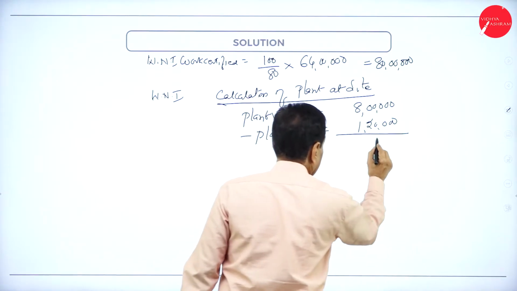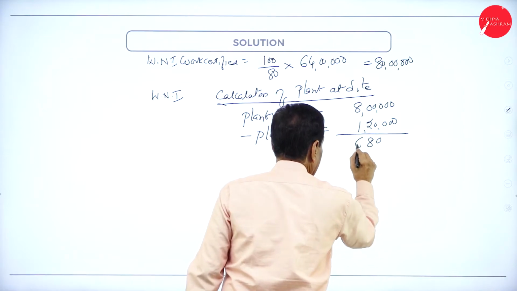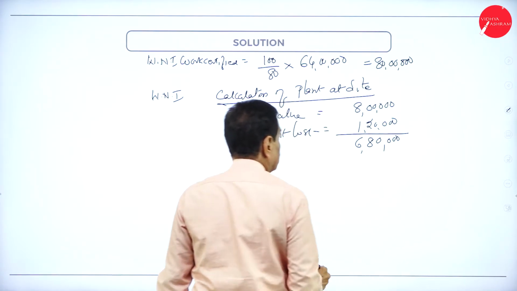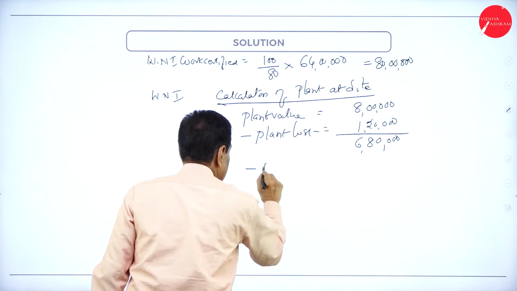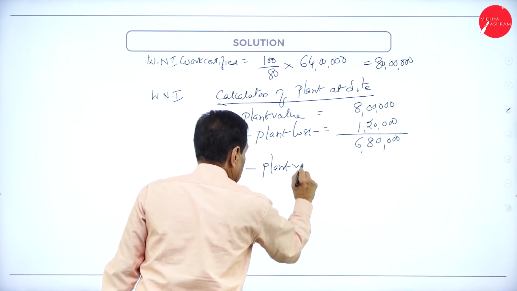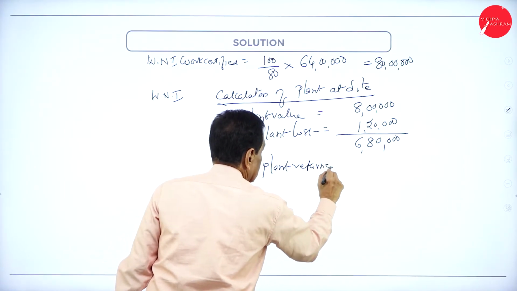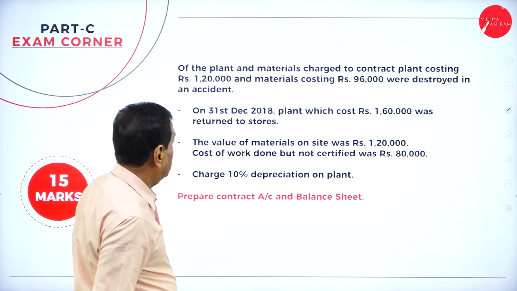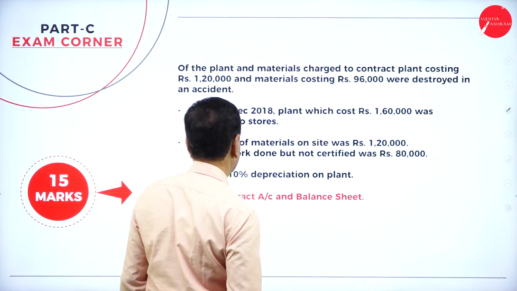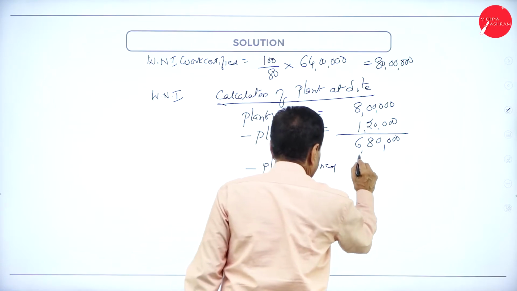Deduct, 6,80,000 minus plant returned, which cost 1,60,000 and was returned to store.